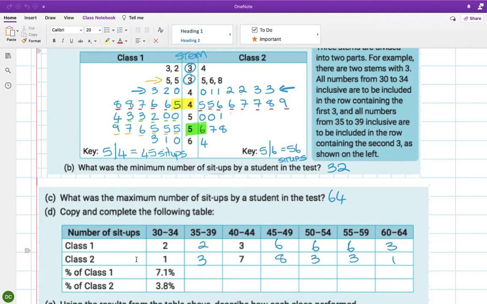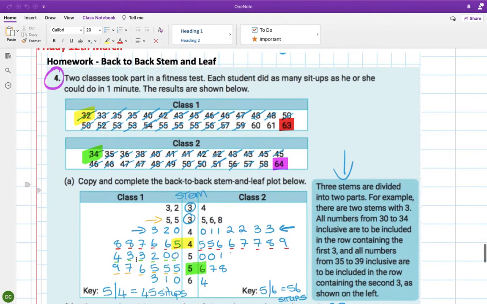So if I'm going to do percentage of class, I'm going to need to know how many people are in the class. Do they tell me that? If I go back up to this, no. Okay, I'll have to count them. So I have 1, 2, 3, 4, 5, 6, 7, 8, 9, 10, 11, 12, 13, 14. And the same again. So I have 28 in class 1.